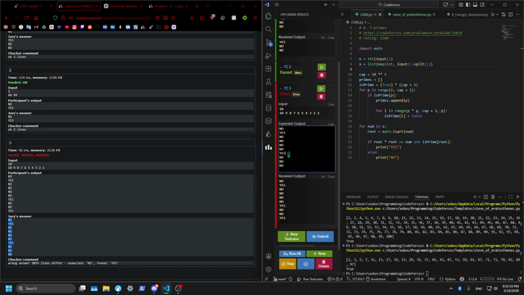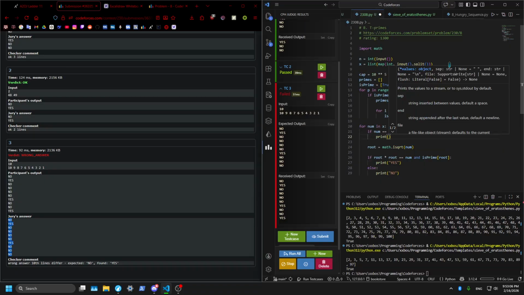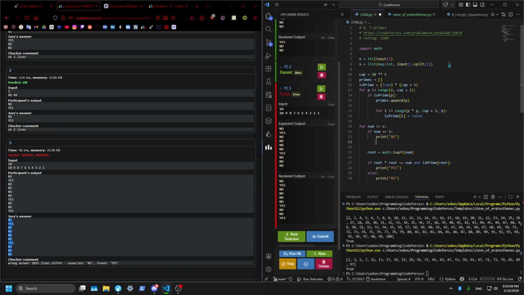No, no, no, no. Yes, no, no. When it's 1. 1 is no, because 1 is only 1. So we can simply add in like this.